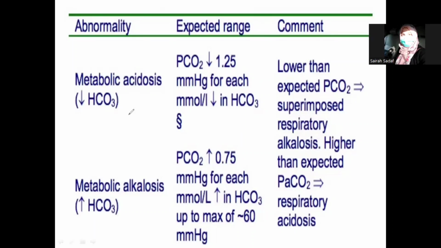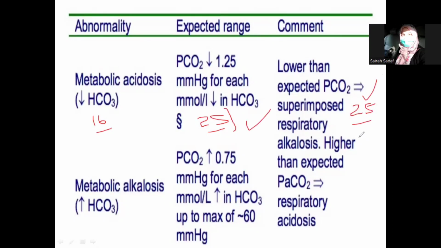Let's say bicarb has gone down from 24 to 16, and PaCO2 has to decrease to compensate. Let's say for 16, PaCO2 has decreased to 25. We get this value from the ABGs. By applying the formula, let's say we get a value of 25. So we will say yes, it is adequate.